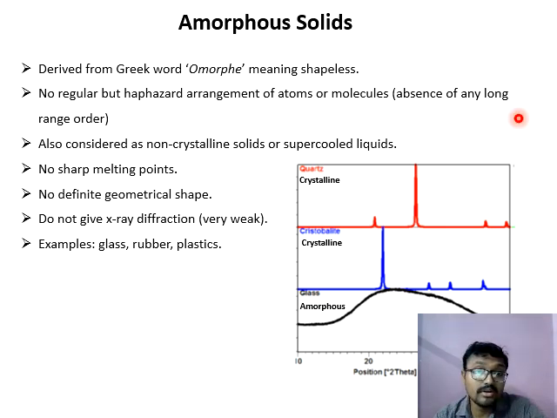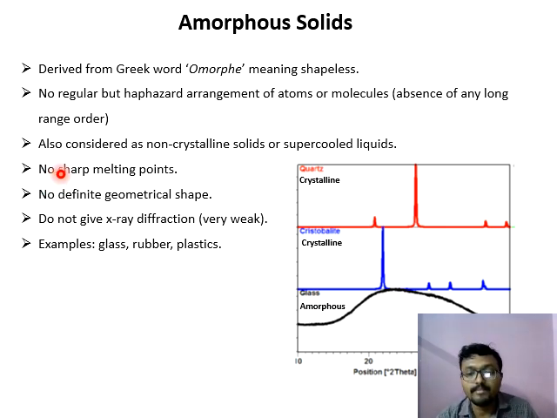In amorphous solids, there is an absence of long range intermolecular force. So it has no regular shape. It has haphazard arrangement of atoms. Why is it haphazard? Because intermolecular force is less. It is non-crystalline. It has no specific or definite melting point.